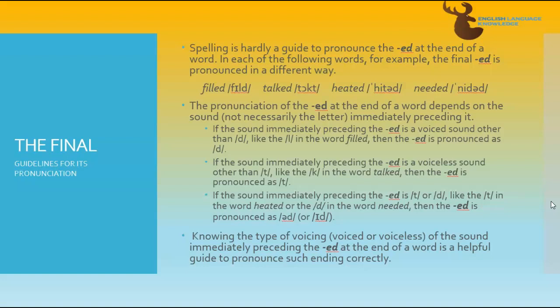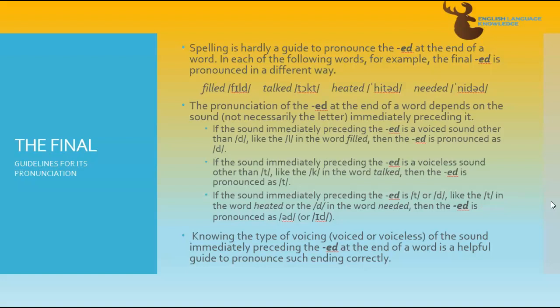Let's move on to the next rule. It says if the sound immediately preceding the ED is a voiceless sound, okay, no vibration of the vocal cords when we produce it. If it is a voiceless sound other than t, like the k in the word talked, then the ED is pronounced as t. Okay, let's go back a little bit.